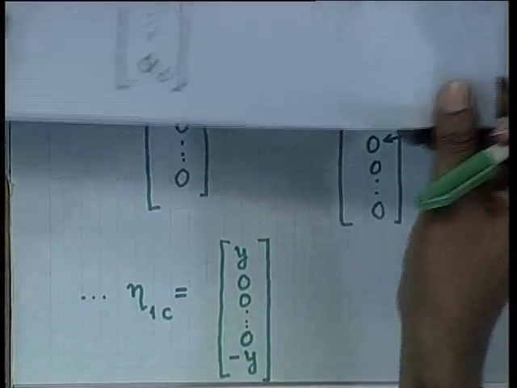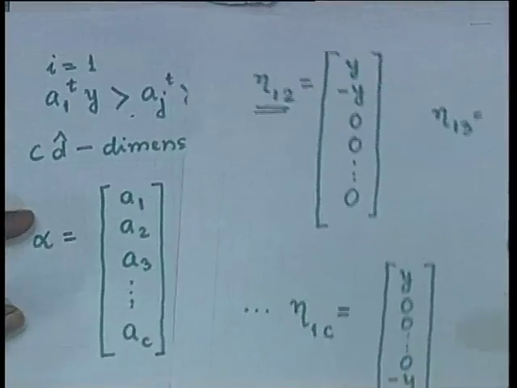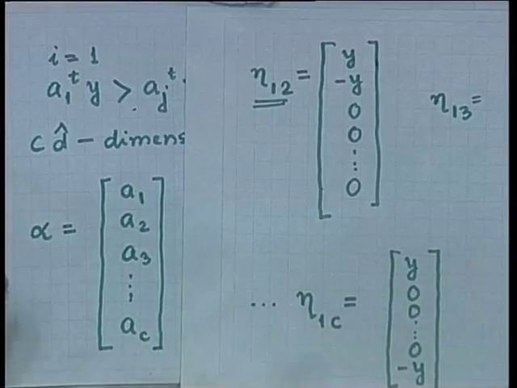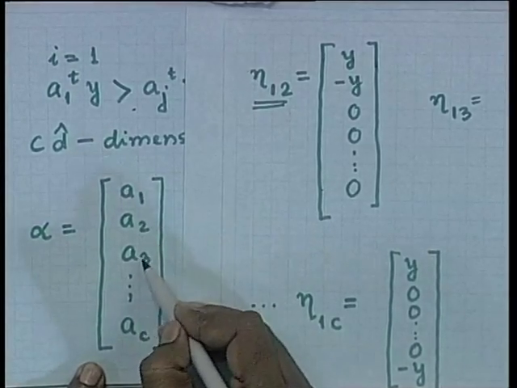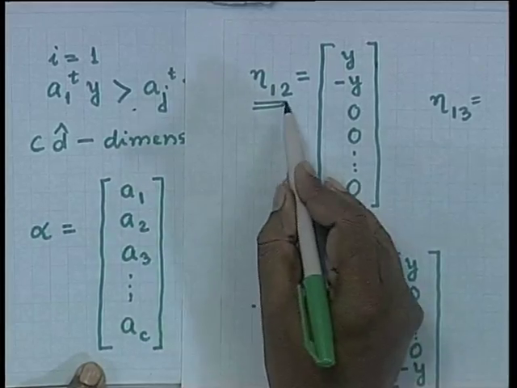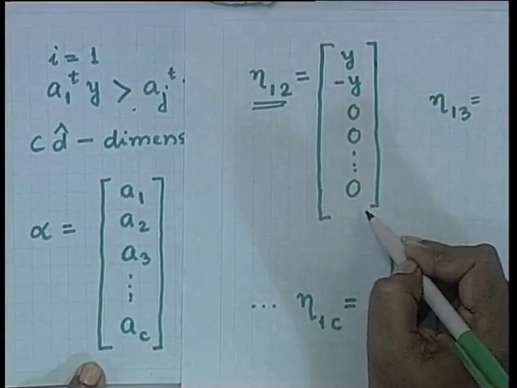If I put these two side by side, alpha is a 1 a 2 a 3 up to a c, eta 1 2 is y minus y, then all components are 0.